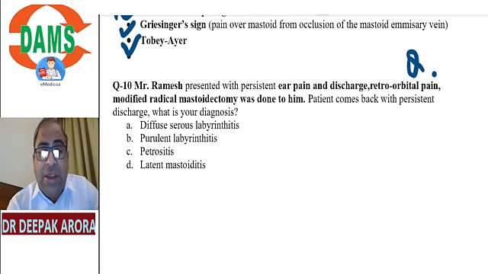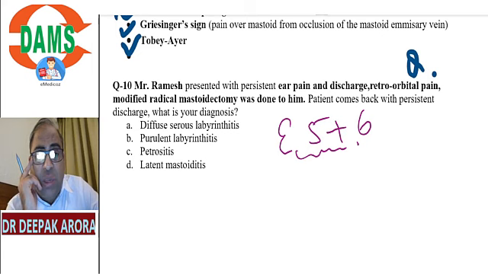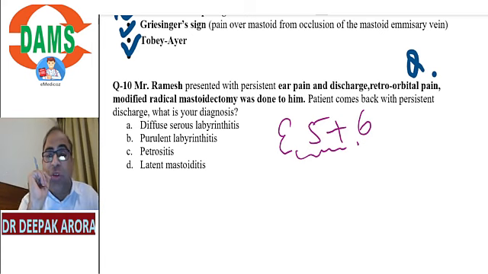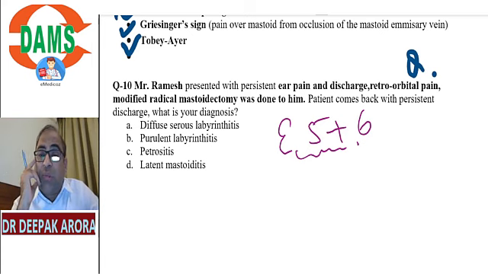Retroorbital. It is ear discharge with 5th and 6th nerve palsy. Patient has diplopia. Modified radical mastoidectomy was done. Diplopia history is not there. I can ask you one more MCQ in this question: which other symptom is expected in this patient? It will be diplopia.